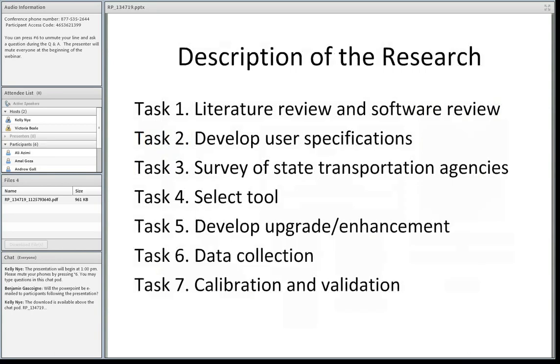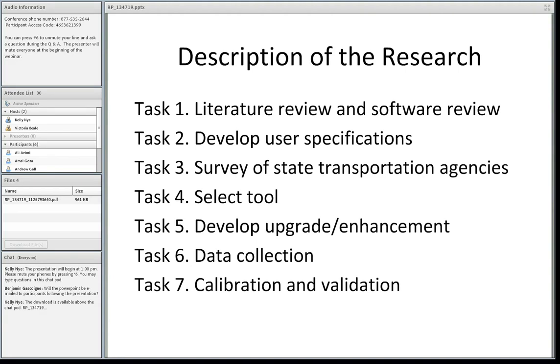So generally speaking, the description of research had several main tasks. We did a literature review, which included a review of a variety of software tools, a variety of research done on work zone capacity, research done on the value of time, the economic value of time, as well as the cost of lane closures and lane shifts.